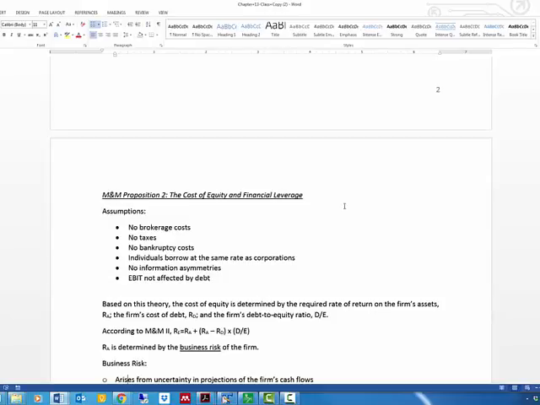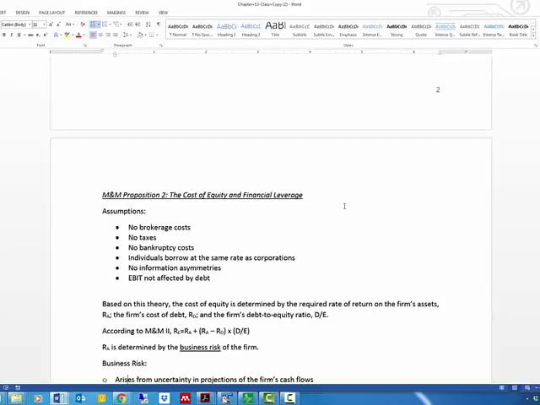Individuals borrow at the same rate as corporations. That's not necessarily true, but it's an assumption they had to make for this. There are no information asymmetries, and EBIT is not affected by debt. We're going to come back to that idea later on, because in most cases, EBIT, the operating earnings of the firm, is not affected by the debt they have. But there are some unique and very important cases where it is.